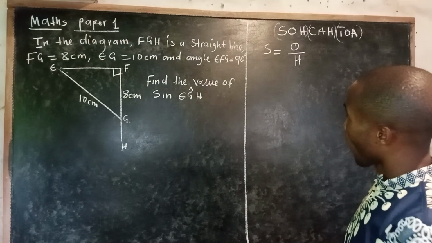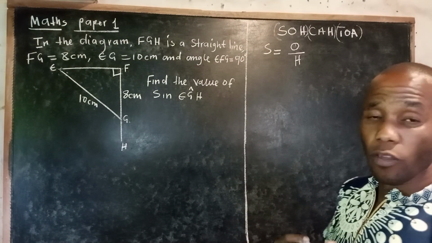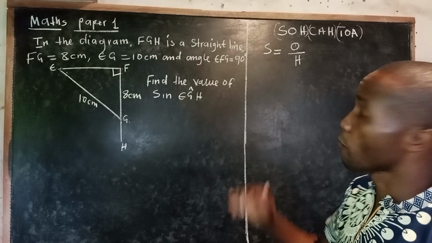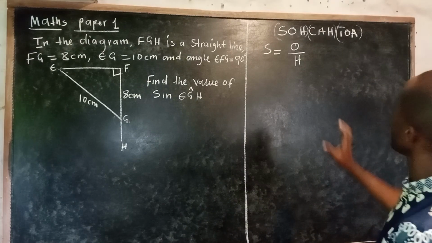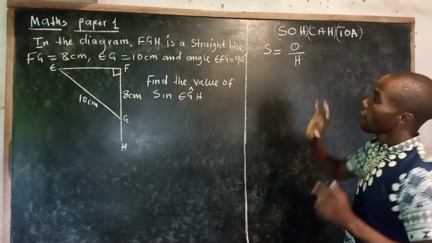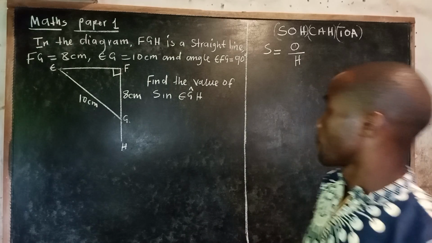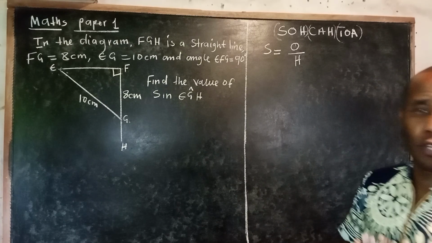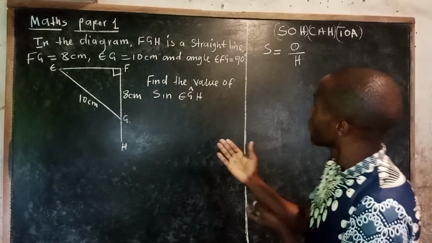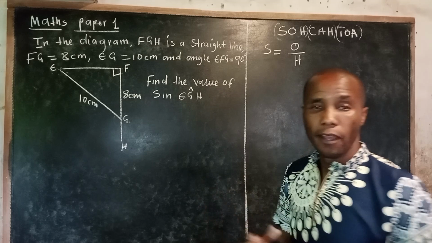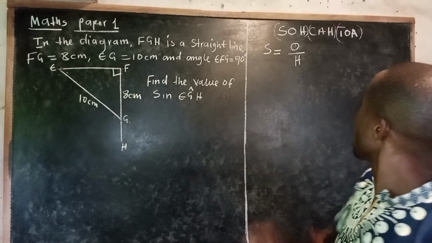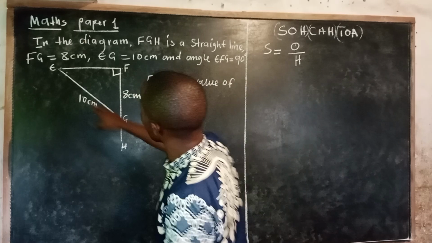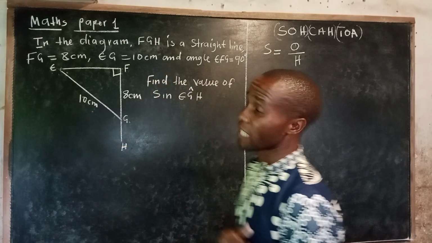Having identified that, it is going to be easy for us to know how to proceed. Let us look at this one. Here, our area of interest is just the opposite and the hypotenuse. Let's get back to the diagram and see if we are given both. Yes, the hypotenuse is given; it is 10 centimeters.